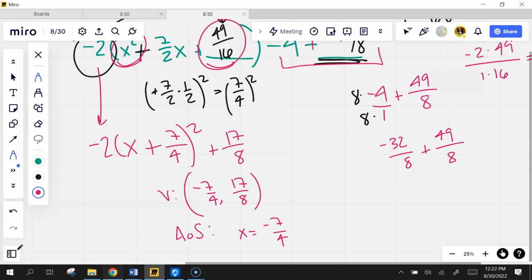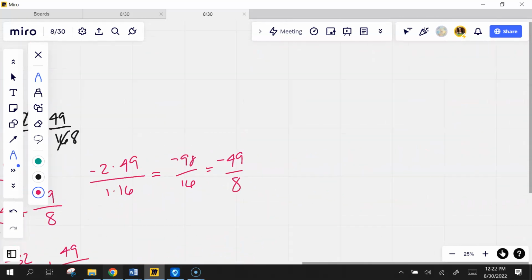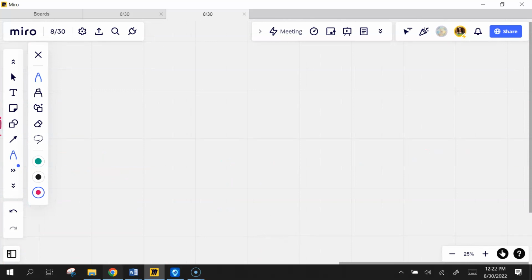All right, are y'all ready to move on to the last bit of quadratics? As always. All right, we're going to talk about writing equations of quadratics, and then we'll talk about word problems, and that'll be it.